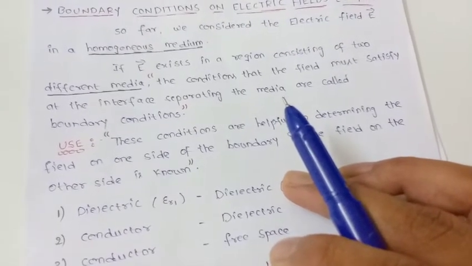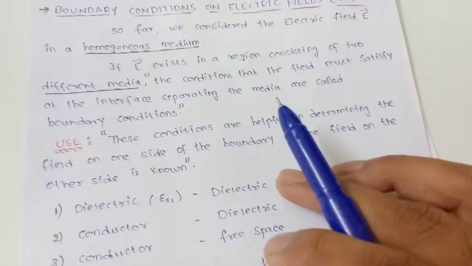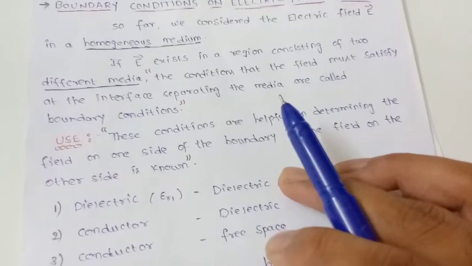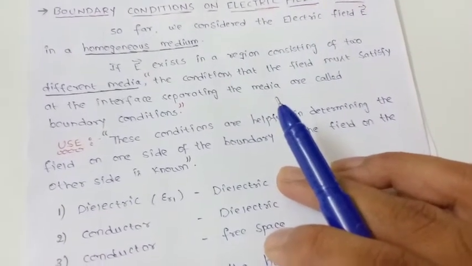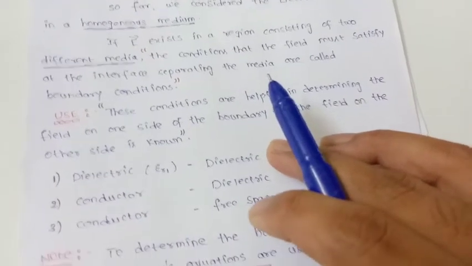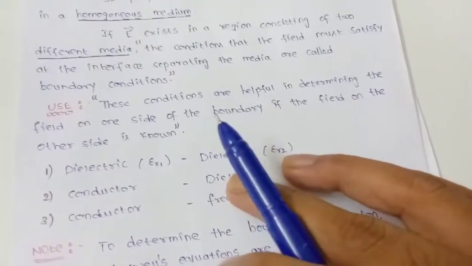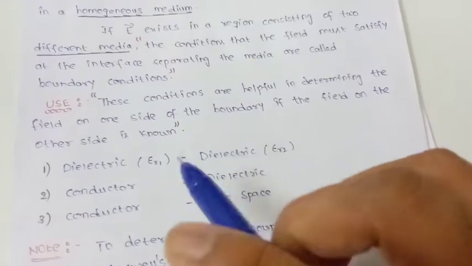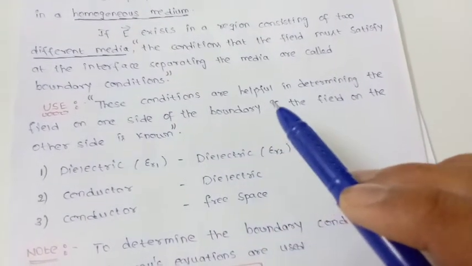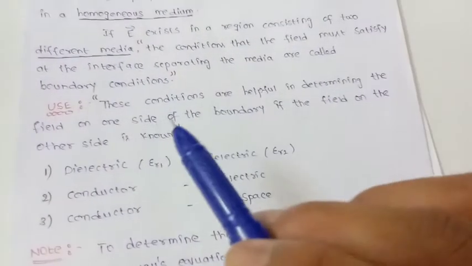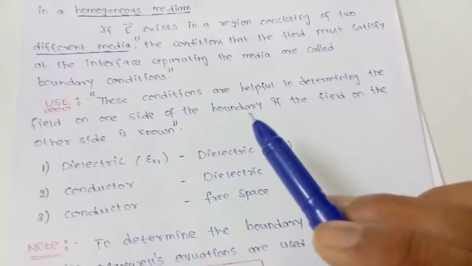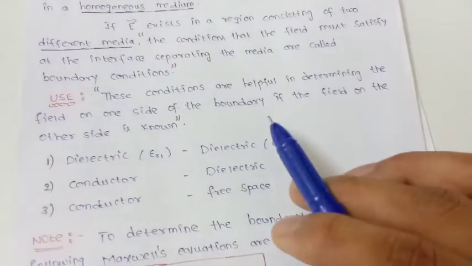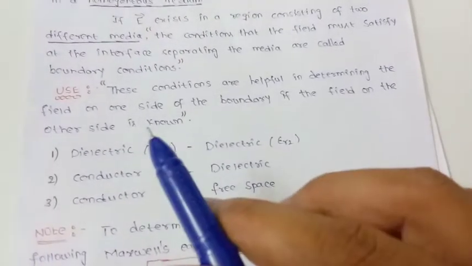Let us consider there is a boundary. What are the conditions we are going to satisfy at the interface of the two different media? Those conditions we are going to call boundary conditions. Now coming to the application and use of it, these conditions are helpful in determining the field on one side of the boundary or interface if the field on the other side is known.